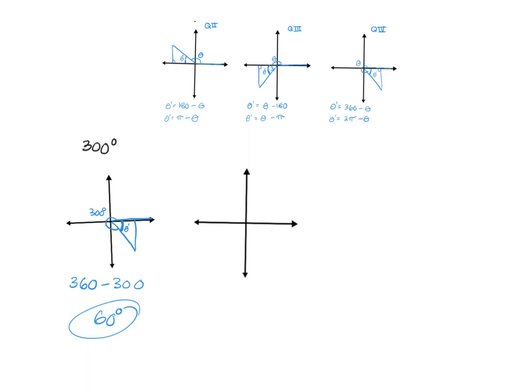Our next example, let's do a radian, negative 2 pi over 3. First, I'm going to find a coterminal angle, which means I will add 2 pi so I can get it positive. And that is 4 pi over 3. Now, 4 pi over 3 is in quadrant 3.